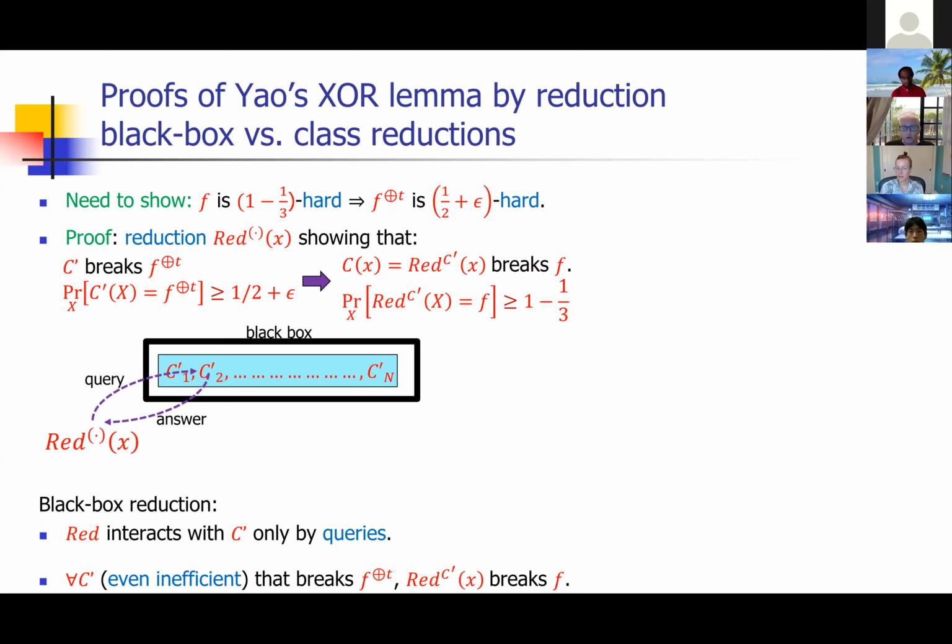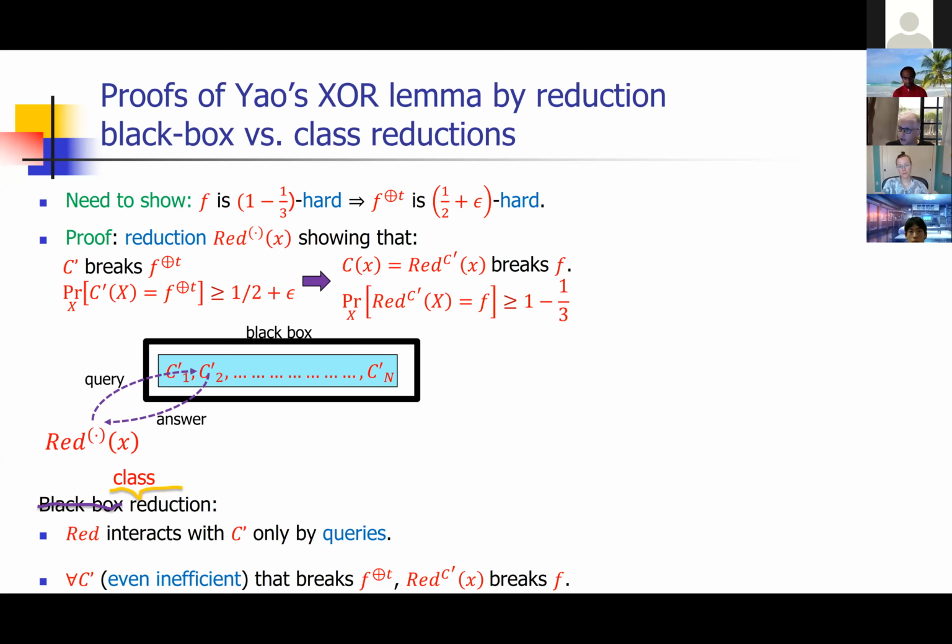So when we move from black box reduction to class reductions, what we do is we modify this second item. We no longer consider every C prime. We only consider a function C prime which comes from some efficient class of functions, say P/poly or AC0 with parity gates.